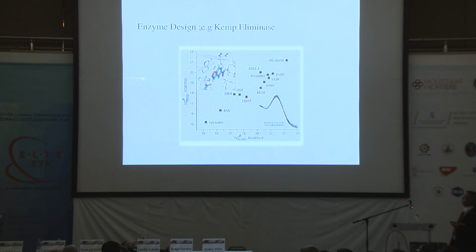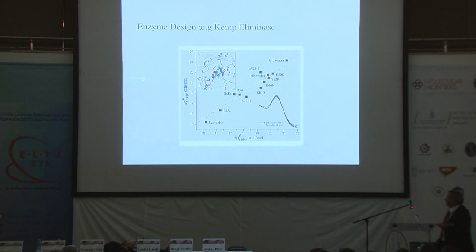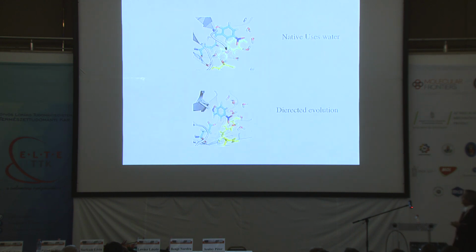Looks very encouraging, but when we tried to understand why directed evolution, which is not following regular evolution, works, we found something very strange. We found that the designer enzymes, instead of being really smart in stabilizing the negative charge that is formed on the substrate, where is the substrate?